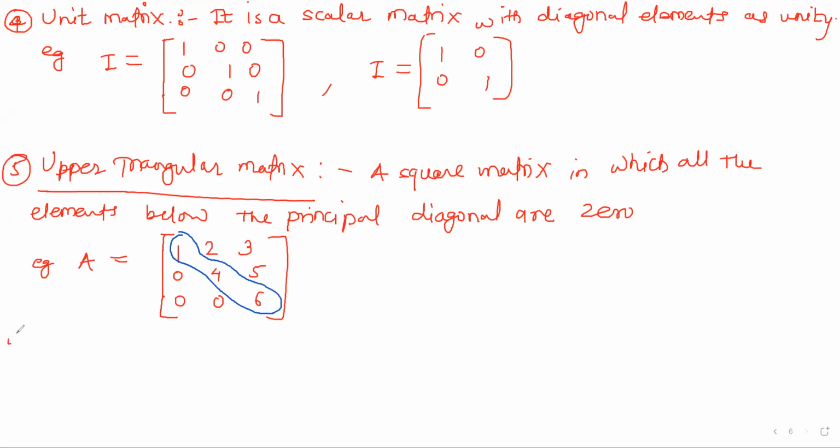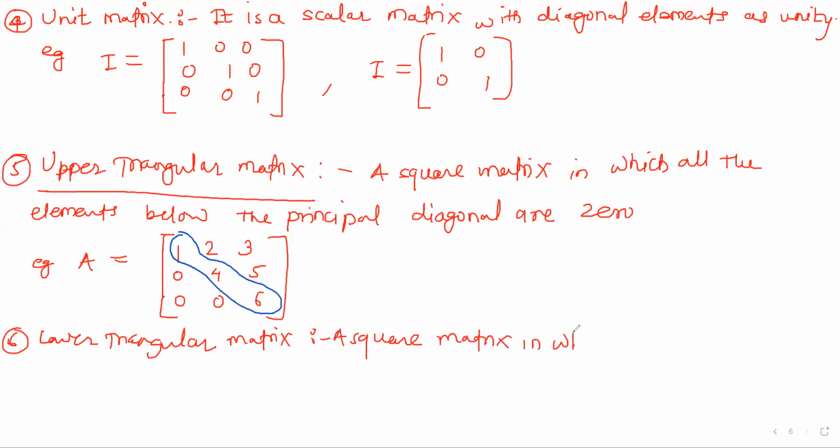Sixth one, lower triangular matrix: a square matrix in which all elements above the principal diagonal are 0.